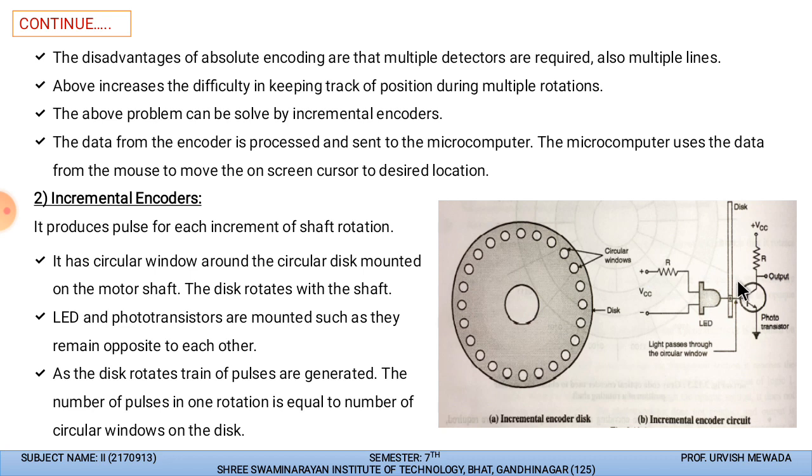And again, the structure is the same here. This is the disk, and we are watching it from the side view.